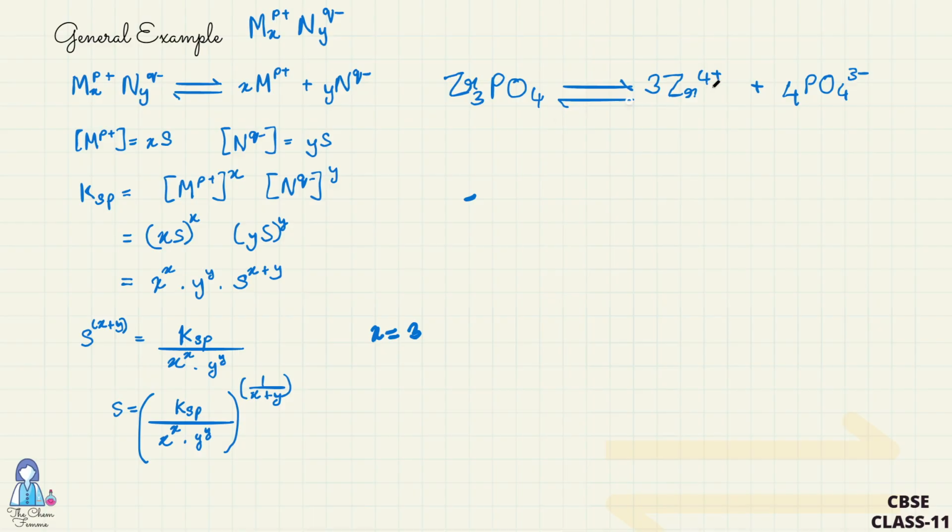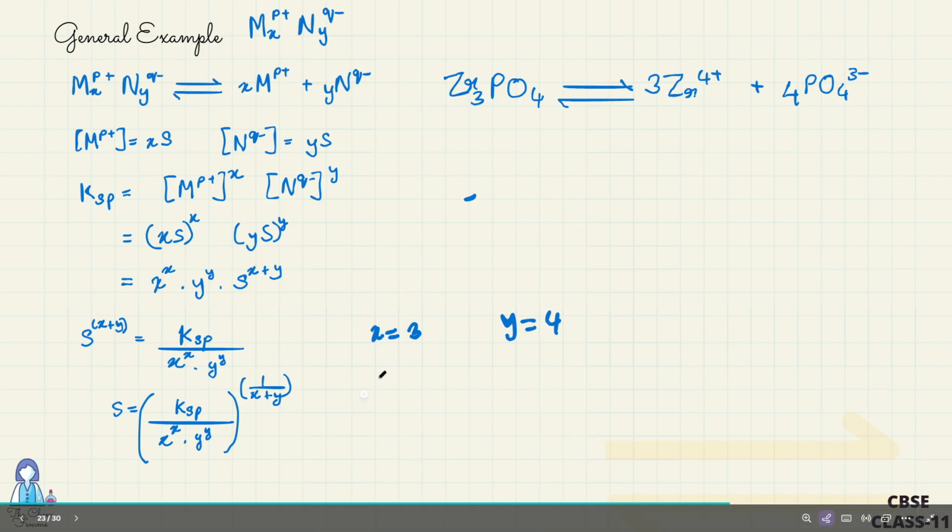So you have this. Here we have the value of x equal to 3, and the value of y equals 4. So according to this equation, we should just be able to get that relationship.